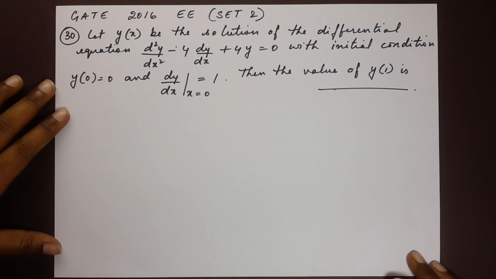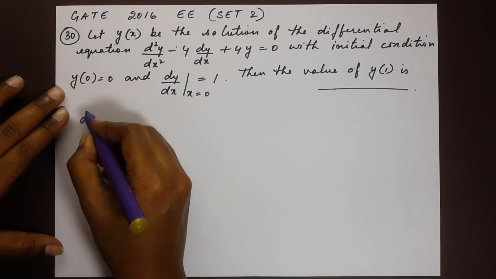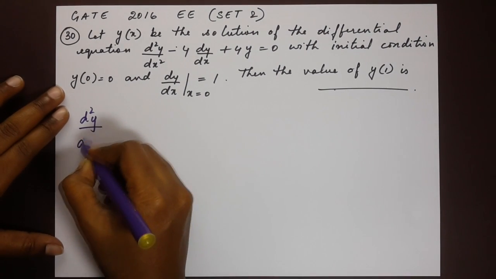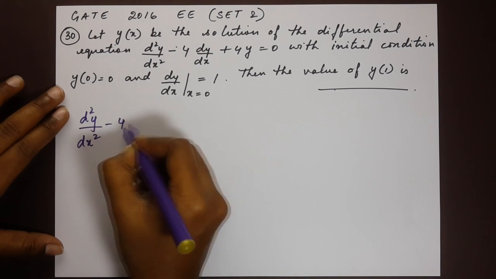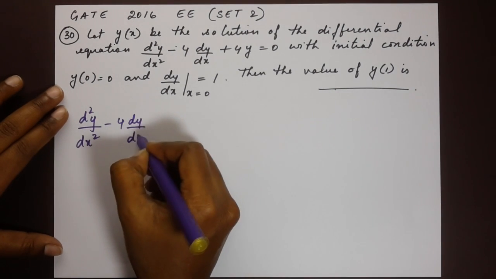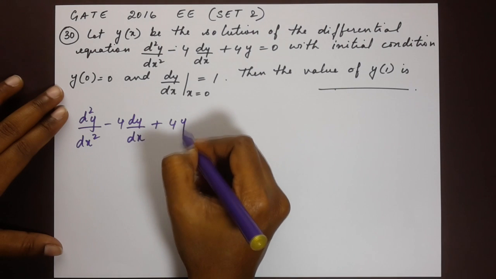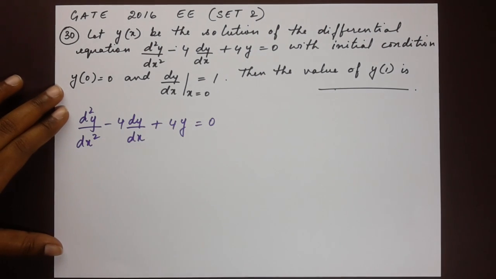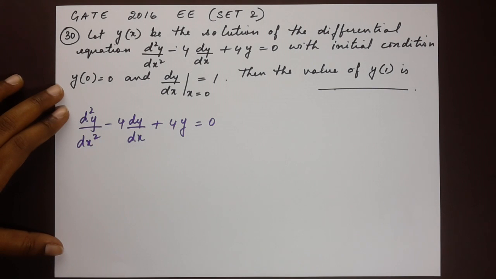So let's start with the differential equation given to us. D square y by dx square minus 4 dy by dx plus 4y is equal to 0. So let's write this in terms of auxiliary equation.